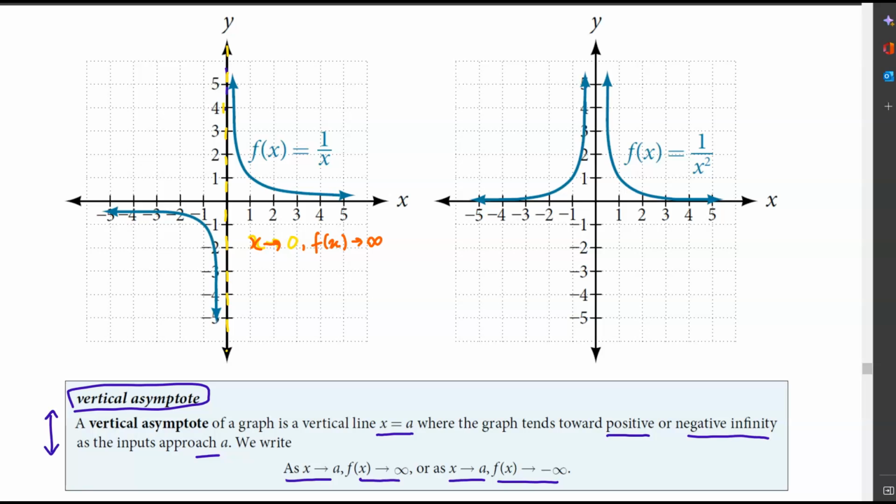We usually write this as x approaches 0 from the positive side, and then x approaches 0 from the negative side, where our function goes off into negative infinity. But there's our vertical asymptote here in the yellow.